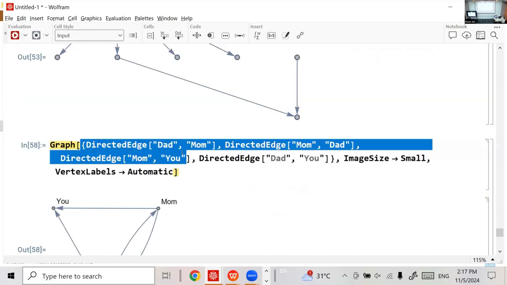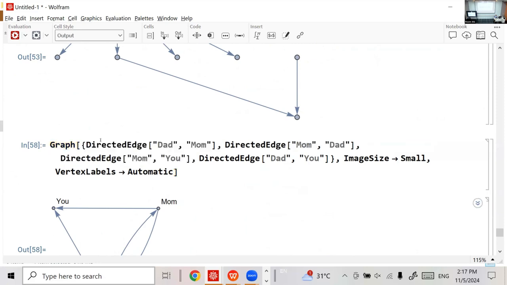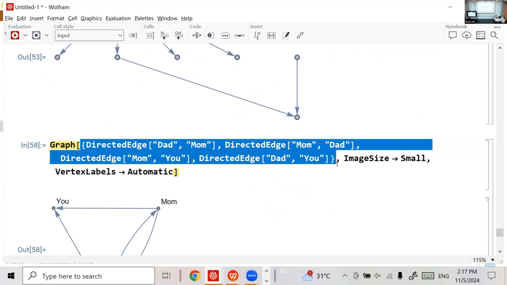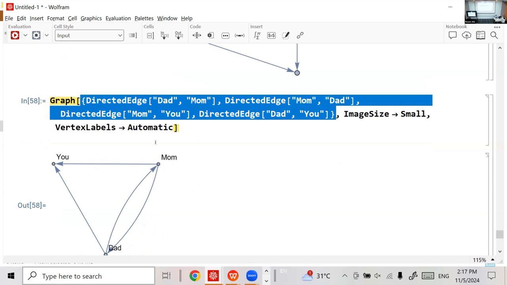So you can imagine that this is your data. And in fact, when you work with what's called a graph database, that's the information that's stored. See that? Directed edge from dad to mom, mom to dad, mom to you, dad to you.